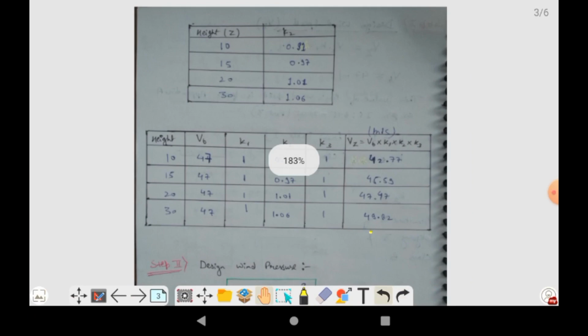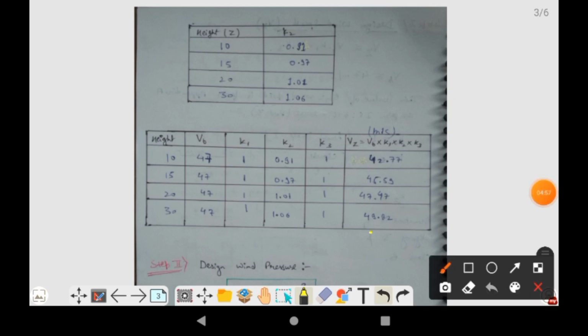So here I have taken from the code the value: at a height of 10 meter, the value of k2 is 0.91. And for the height of 15 meter it is 0.97, for the height of 20 meter it is 1.01, for the height of 30 meter it is 1.06.